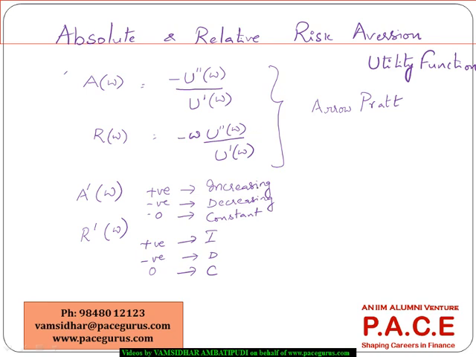So we can take the first derivative of the absolute or relative risk aversions to understand whether the investor's risk aversion levels are increasing, decreasing or staying constant.